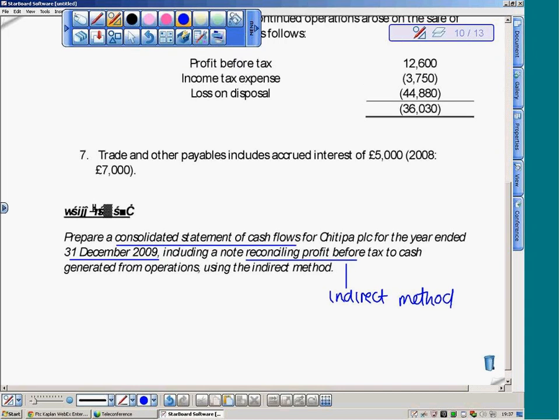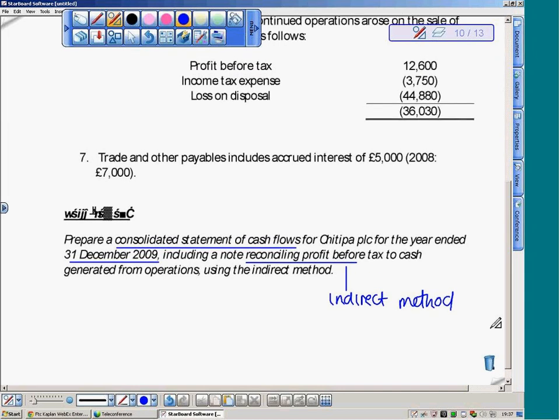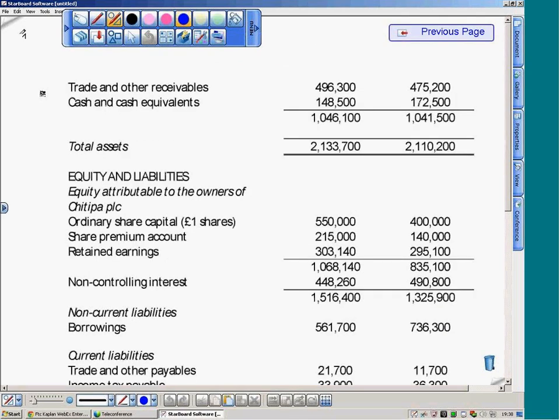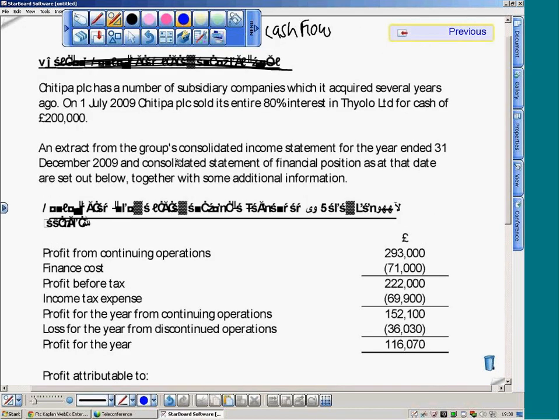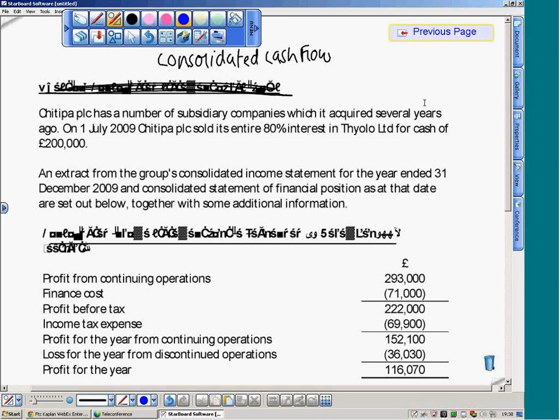Right, the next thing you want to be doing is having an active read of the question. I want to think about the areas of impact, and we'll try and factor in all our workings once we've read the question. It tells us here that you've got Chitika PLC with a number of subsidiary companies which it acquired a number of years ago.